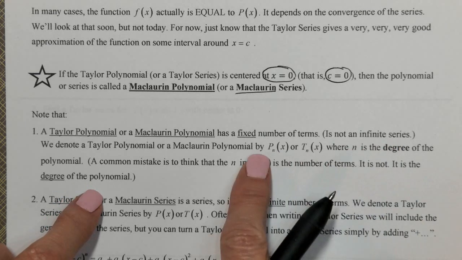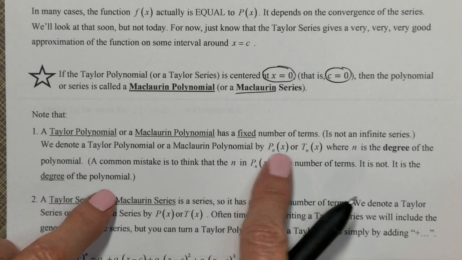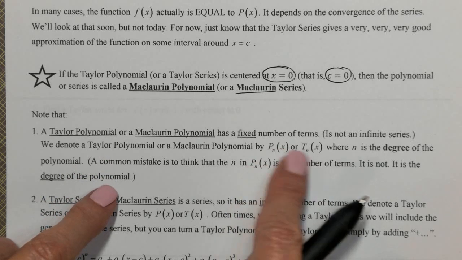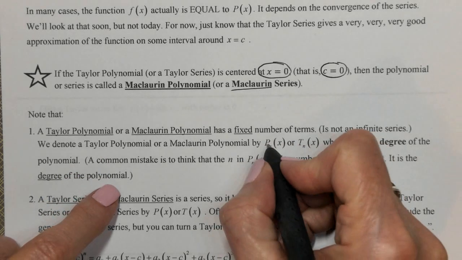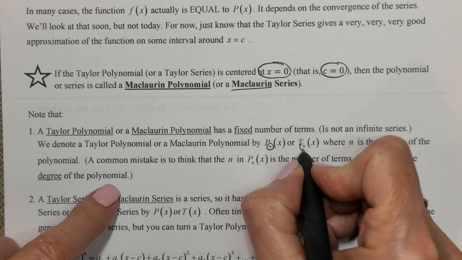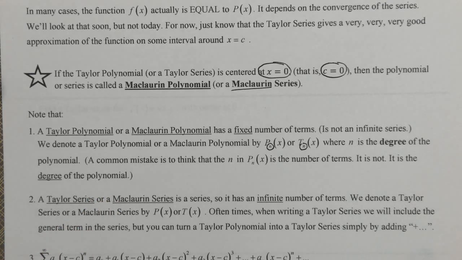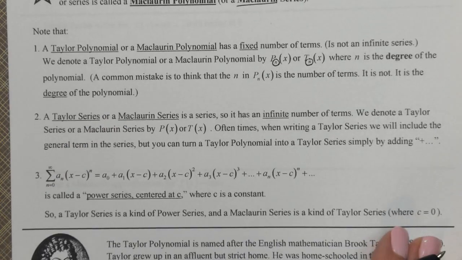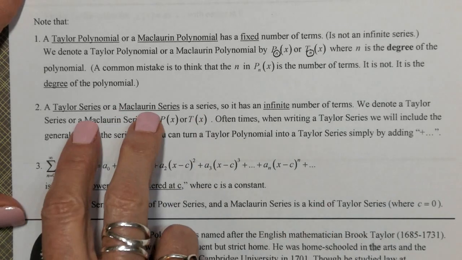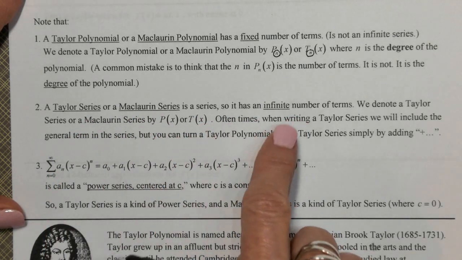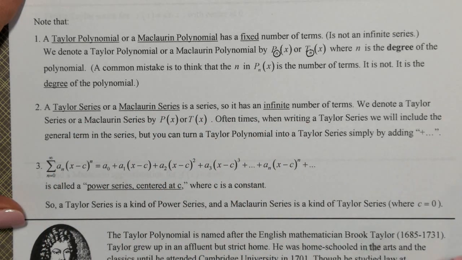We can denote a Taylor polynomial or a Maclaurin polynomial using a little subscript with whatever the degree is. N is the degree of the polynomial. That's often used. N is not the number of terms. It is the degree. A Taylor series or a Maclaurin series is a series, so it has an infinite number of terms. It does not stop.